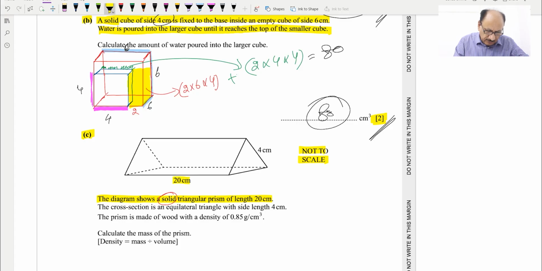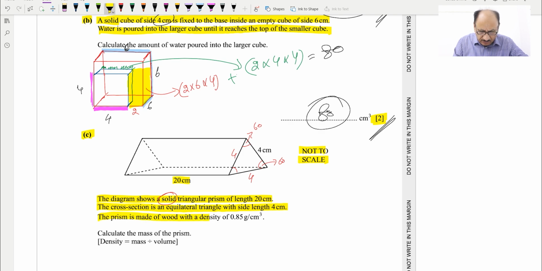The cross section is an equilateral triangle with side length 4, so this side is 4, this side is also 4, and the angles are all 60 degrees.